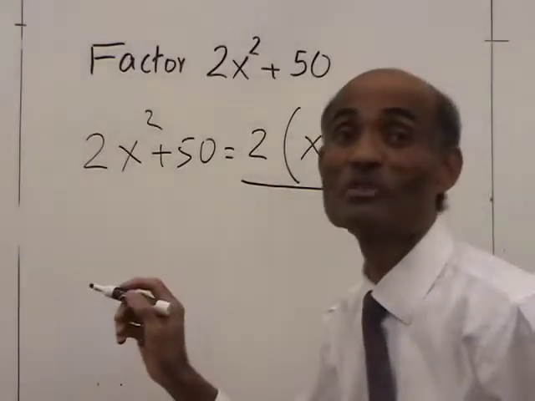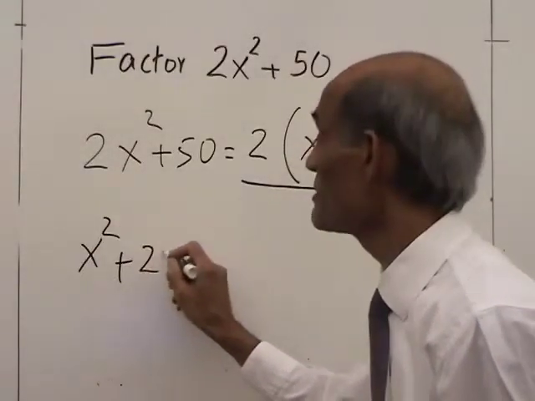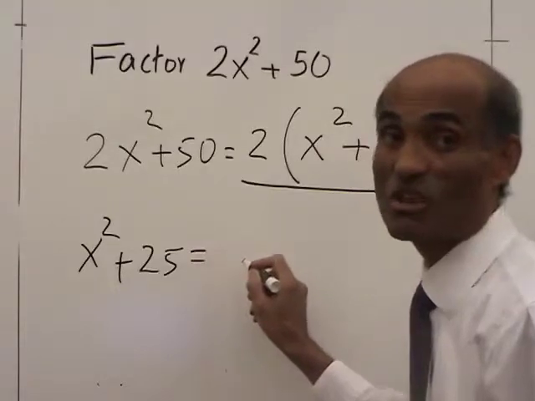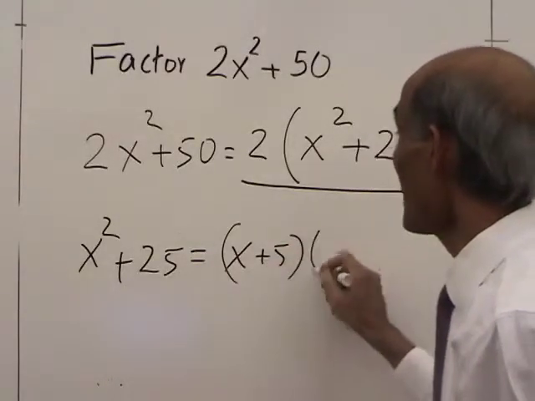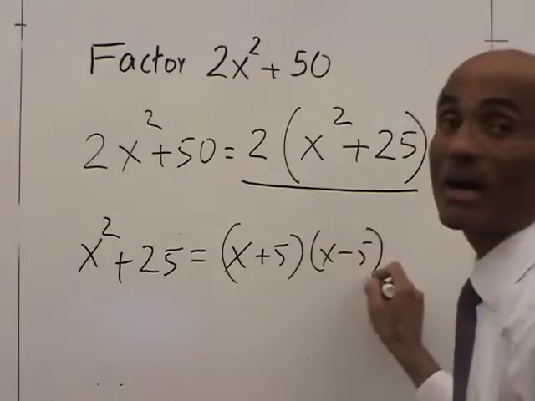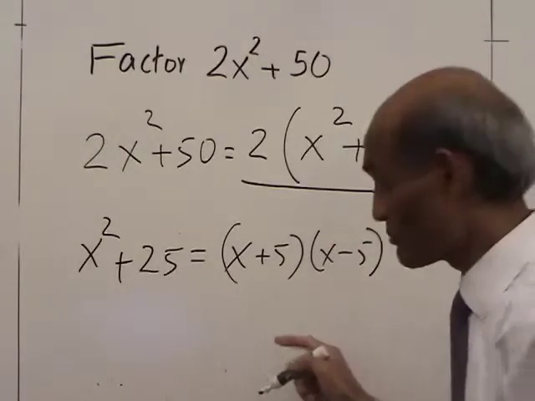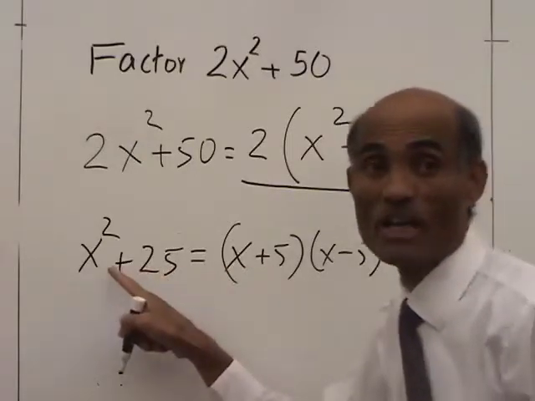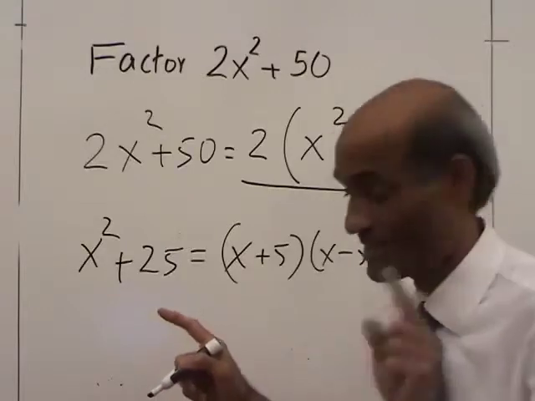I know some of you will do this, x plus 5 times x minus 5. Is this right? No, this is not right. Now look at this. X squared plus 25 cannot be factored.